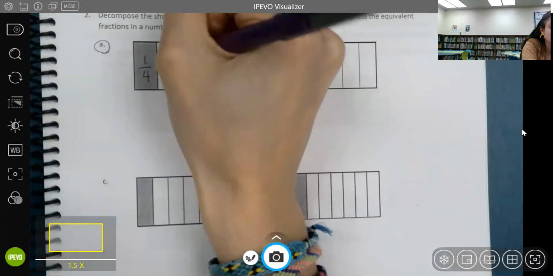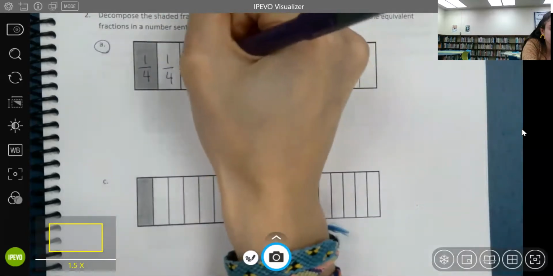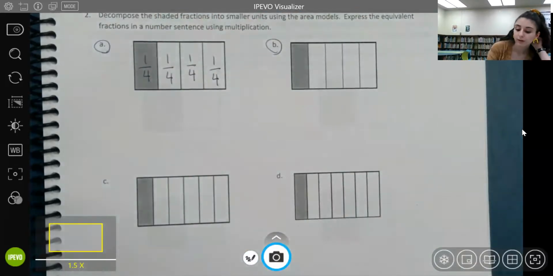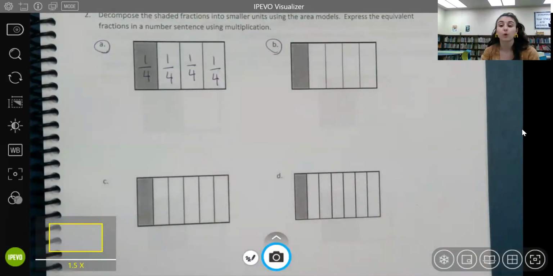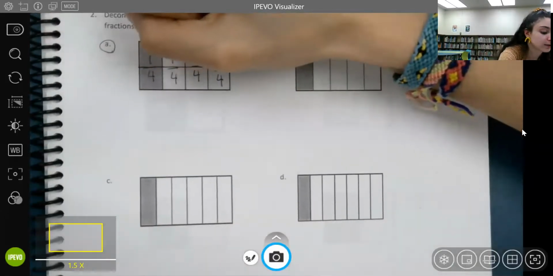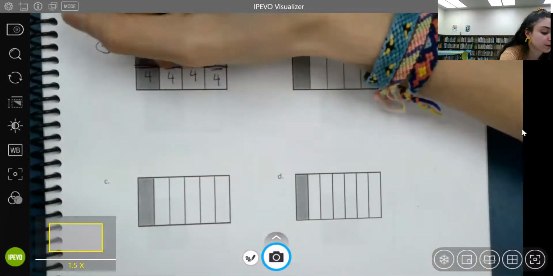I'll write that in all of them, 1/4. Now we're going to cut the box in half horizontally. Horizontally means this way, going straight across. As you can see, we're going to go straight through our 1/4.